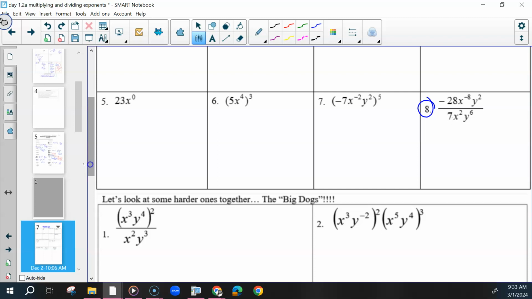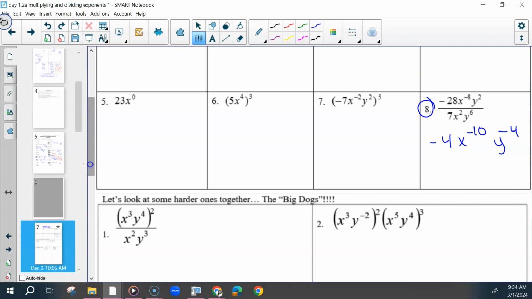Actually divide the numbers. So negative 28 divided by 7 will give us negative 4. Subtract our exponents. So x to the negative 8 minus 2, what would our new exponent be? So not negative 6, but negative 10. Negative 8 minus 2. And then our exponent for y? Negative 4. And then we have to change this problem. How would that look?